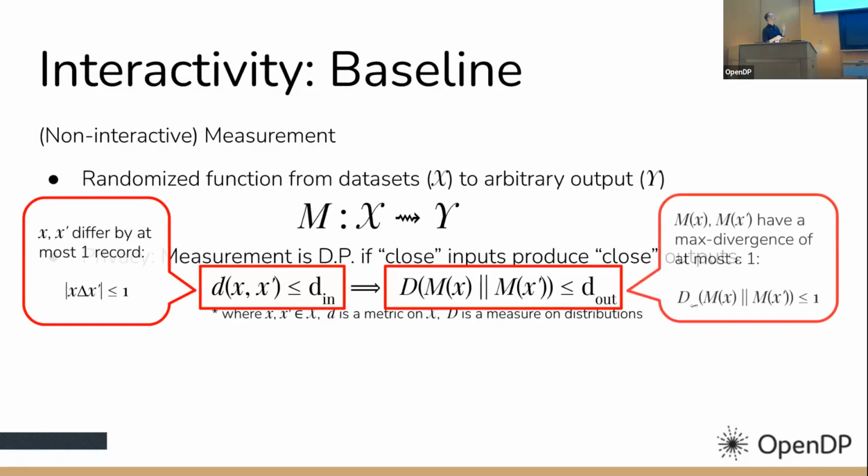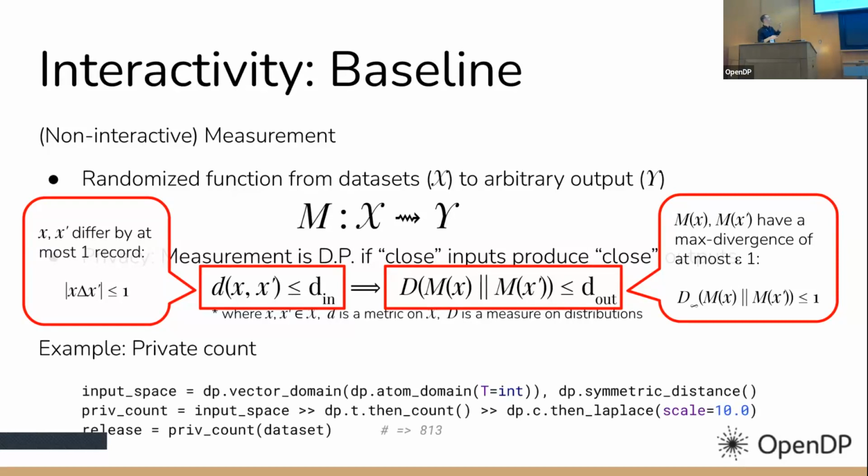So again, to make it concrete, if we were talking about epsilon DP, pure DP, we would say that the random variables for those two measurements would have a max divergence of at most epsilon of 1. That gives you a reference point to see how this abstraction maps to a more traditional definition. To get even a little bit more concrete, I'll show you in code what OpenDP actually looks like in practice.